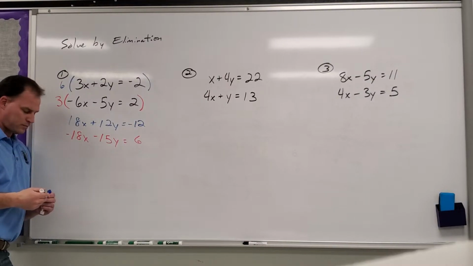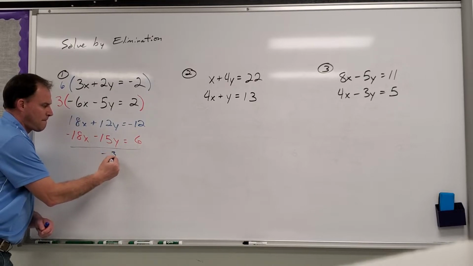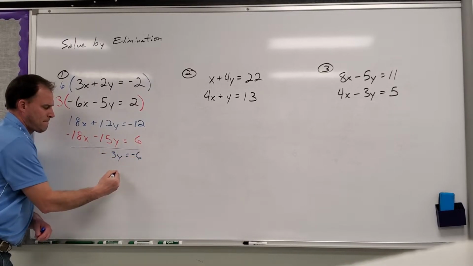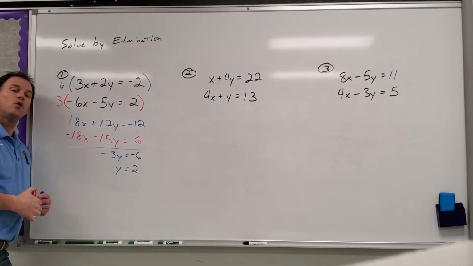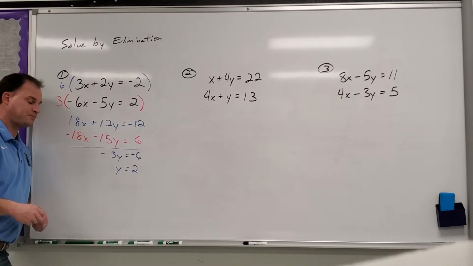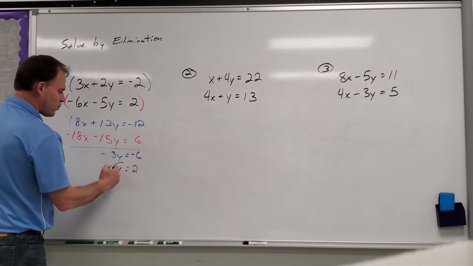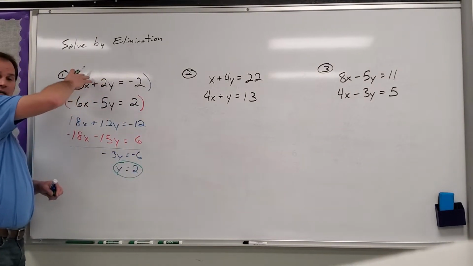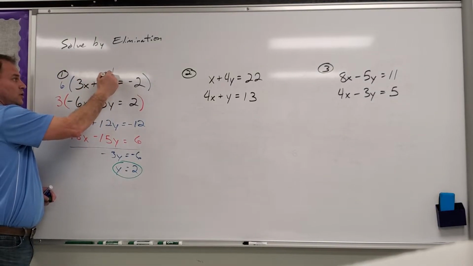All right, here we go. Finish this with the elimination. That's eliminated. Divide, you get positive 2. What are we going to do with that? Yeah, when it comes to plugging it back in, it doesn't matter where you go. I would go back to the original because the numbers will always be smaller and it's a little easier to deal with.